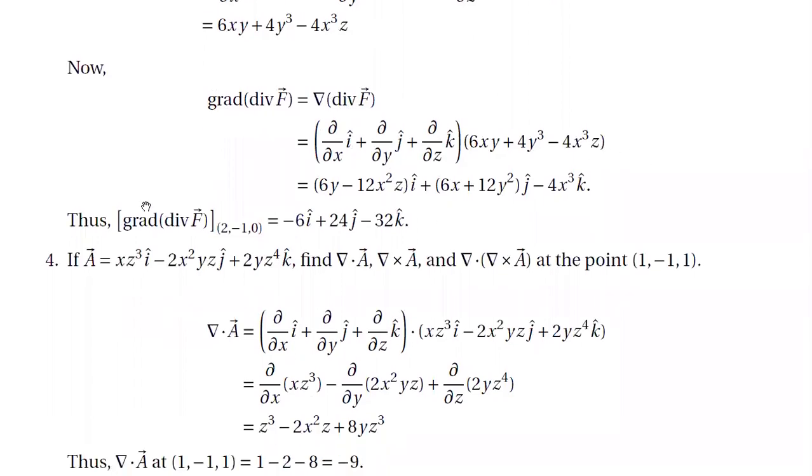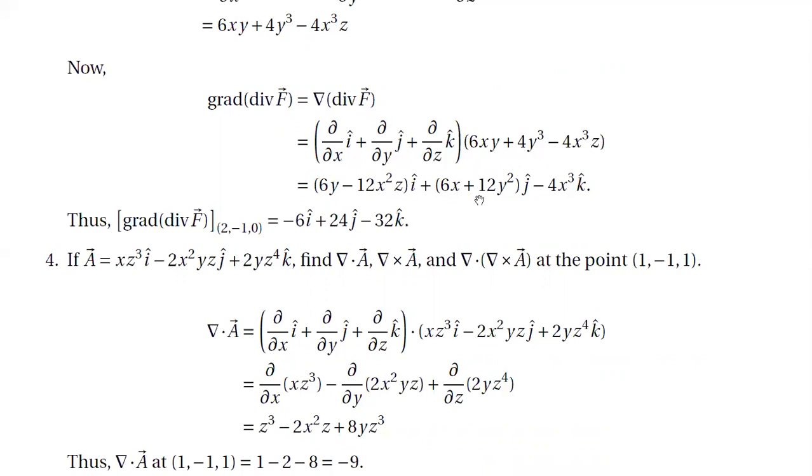So dou by dou x of the term here will give you 6y, this will be 0, this will be minus 12x square z, multiplied with i, plus dou by dou y of this whole term multiplied with j. So dou by dou y of this whole term will be 6x from this. This will be 4 into 3, that is 12y square, and this term will become 0.